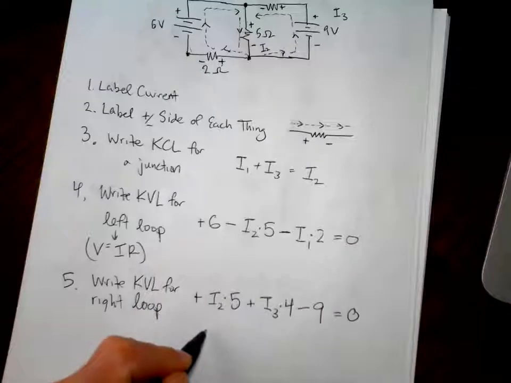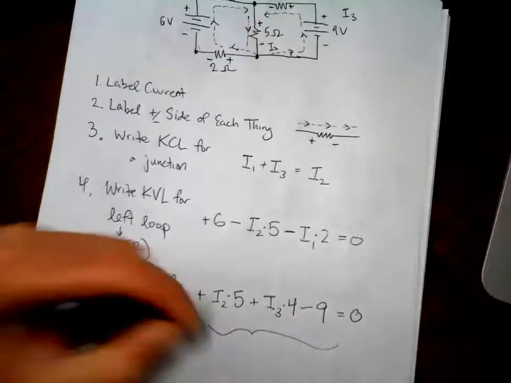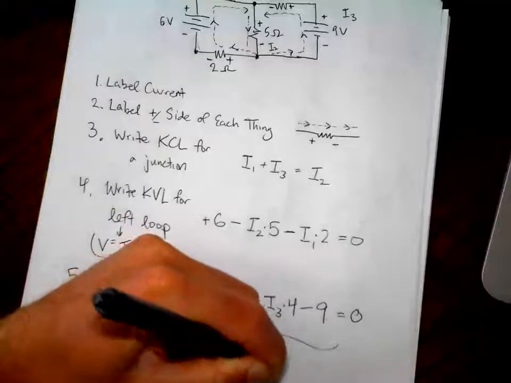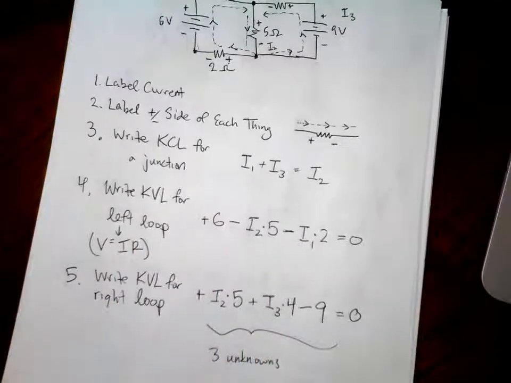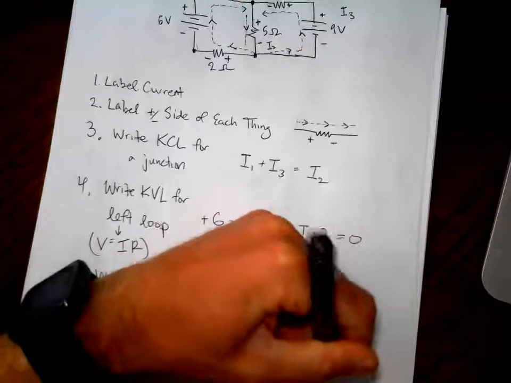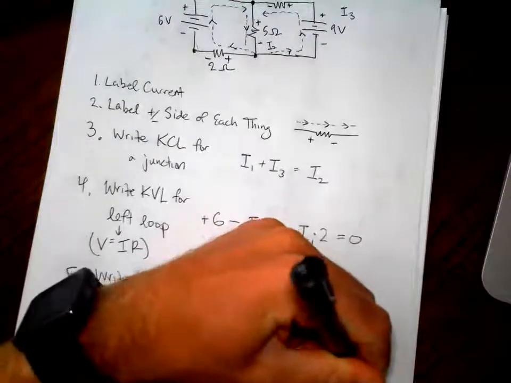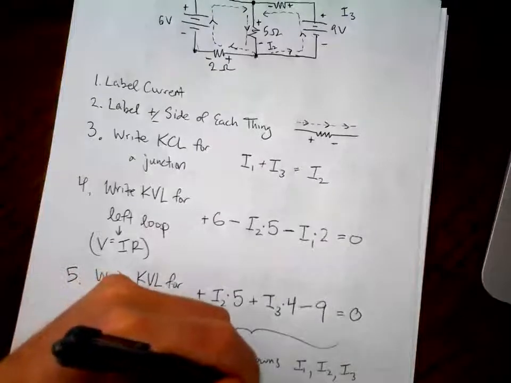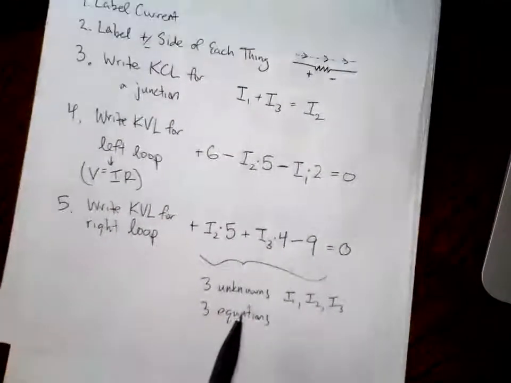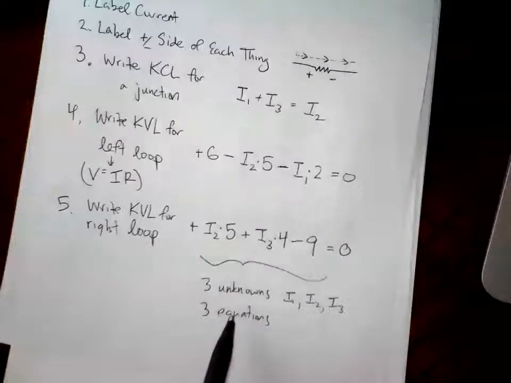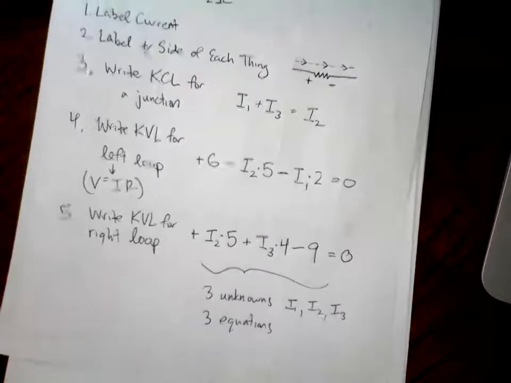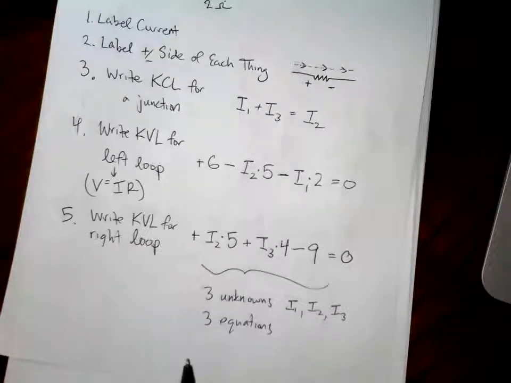I have 3 unknowns, I1, I2, and I3, and we also have 3 equations. So we can solve the 3 equations for the 3 unknowns and figure out what all the currents are.